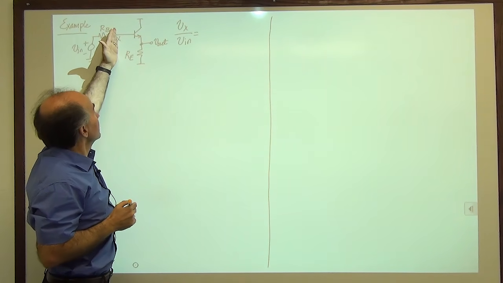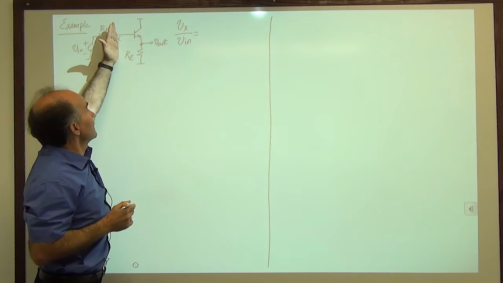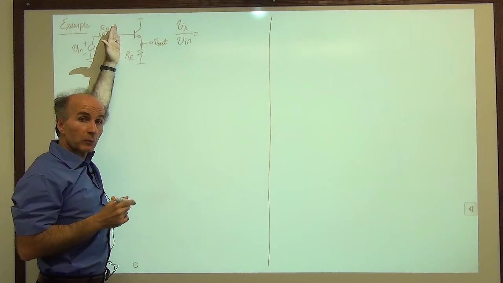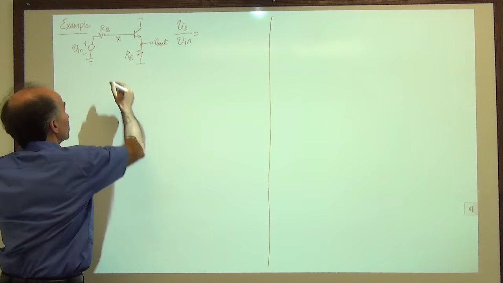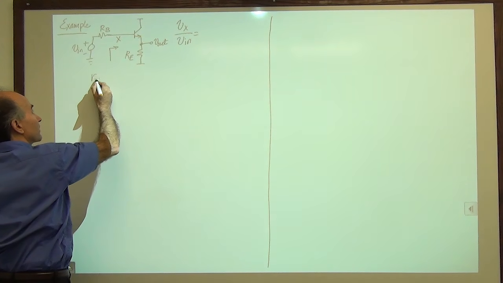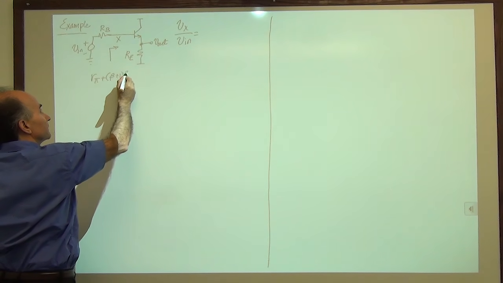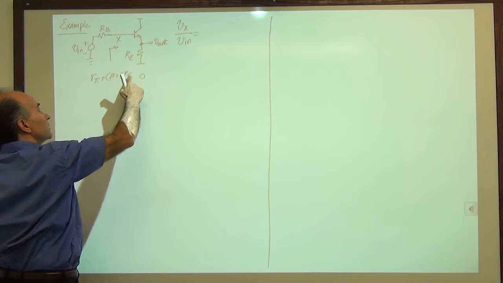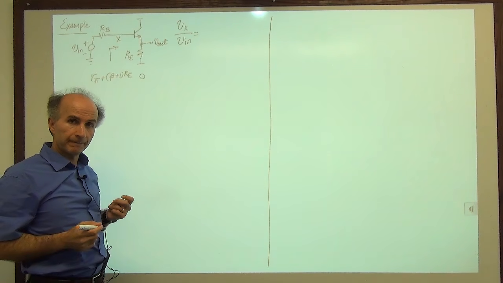So how much is the resistance that this circuit presents at this point? That would be the input impedance of the circuit. So I put an arrow here, and I say the input resistance of an emitter follower is R pi plus beta plus 1 times Re. It takes this and boosts it up by this factor and then places it in series with R pi.